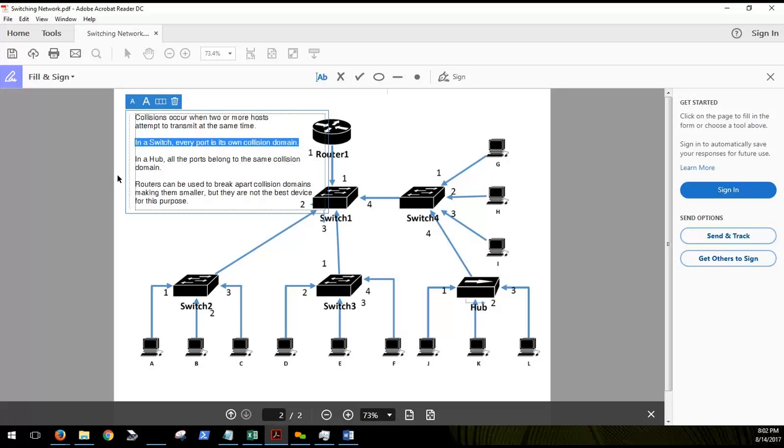So, typically, when we design networks, do we want to make collision domains bigger or smaller? Make it smaller. We want to keep them as small as possible because collisions are a bad thing. And the smaller the collision domain, in other words, the fewer PCs attached to that collision domain, the fewer collisions you will have.